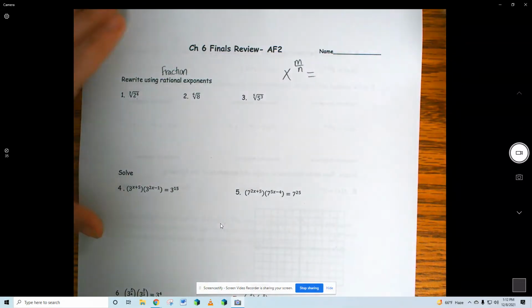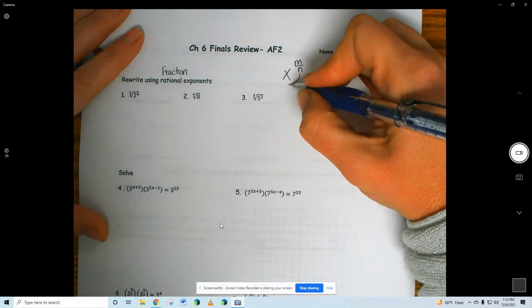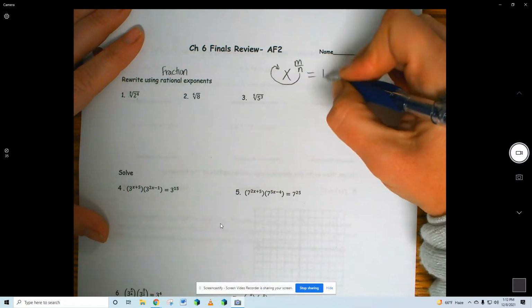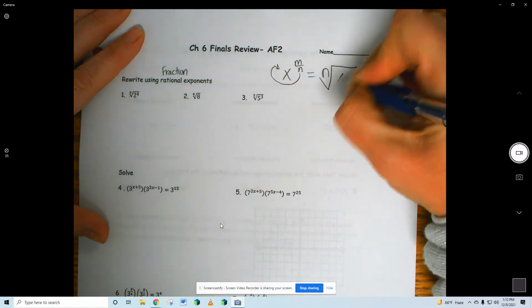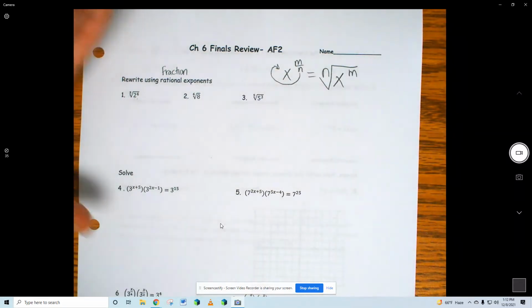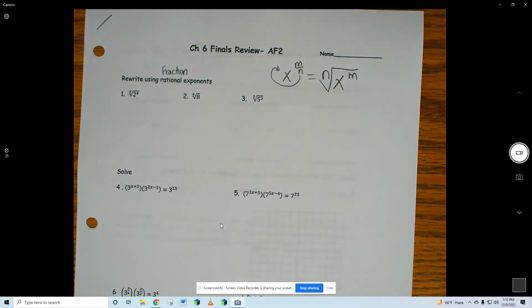That means that my n comes to the front, the nth root of x to the m. So in a square root, this is called the root. That was the denominator. The number that was the numerator stays with the base. The base in this case is x.